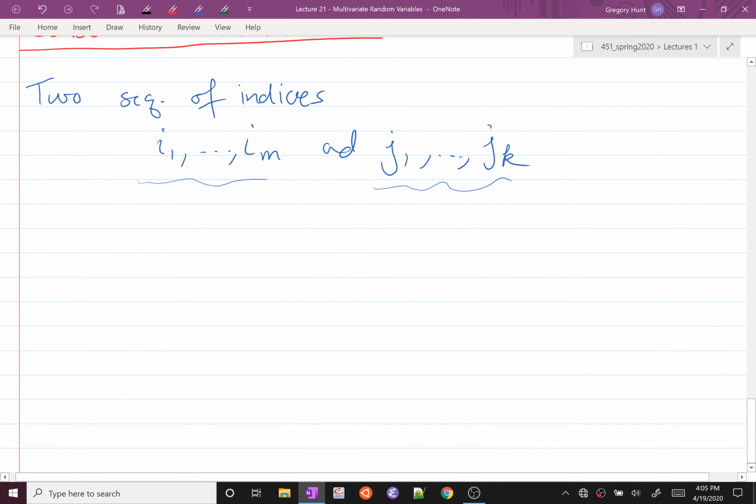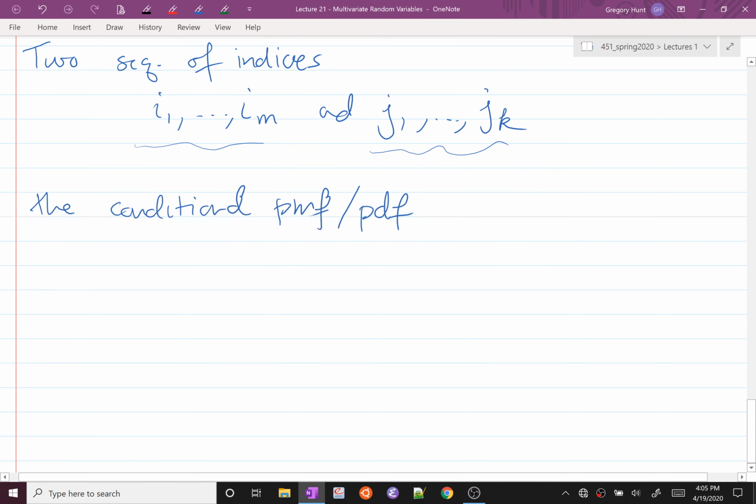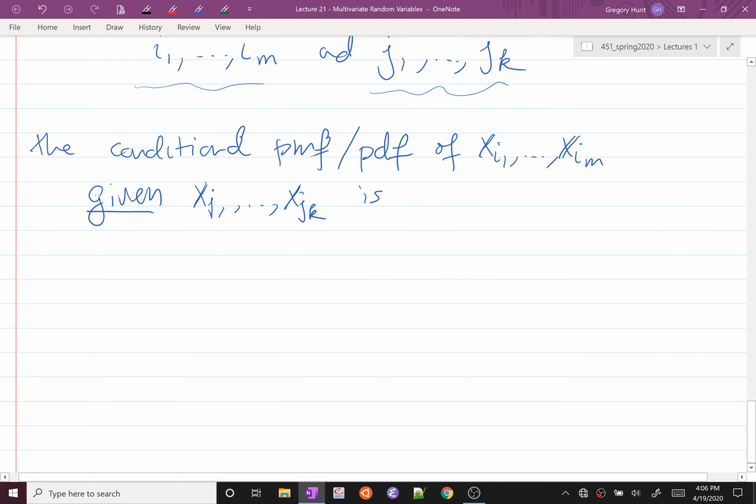Whatever indices we choose of the x sub i's, the conditional PMF or PDF, in the discrete or continuous case, of x sub i1 to x sub im, given that we have observed x sub j1 to x sub jk, is, so the notation here is f of x sub i1 to x sub im, bar, x sub j1 to x sub jk.